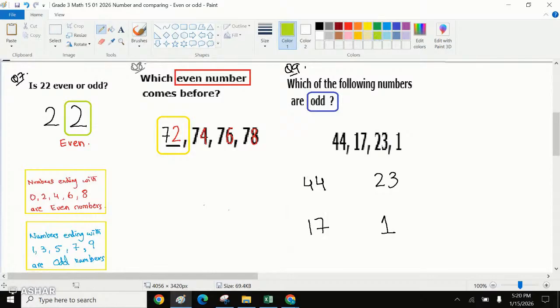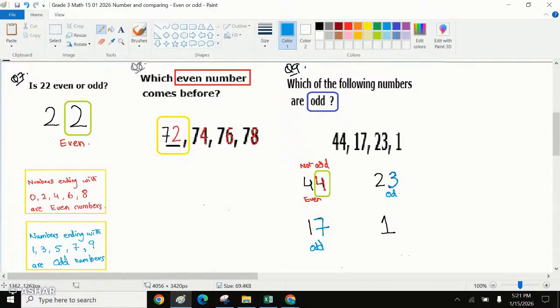When a number ends with 0, 2, 4, 6, or 8, it is not odd. See, we can say this is not odd. If it's not odd, it would be even, because this is ending with a 4. But we can also see that 17 is ending on a 7. That means this is odd. 23 on the ones position has a 3.